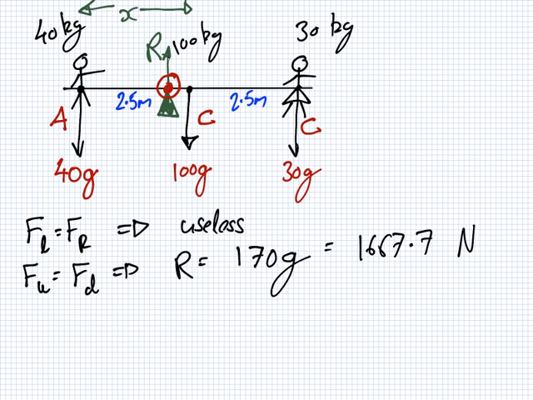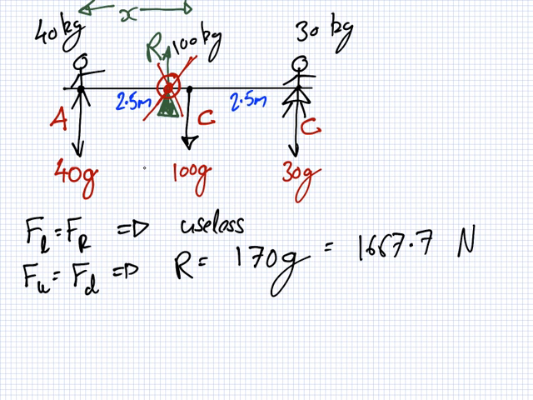Is it clockwise or anti-clockwise? No, tell me why you're confused. Maybe I'm trying to trick you. It's neither. Why not? Why is this nothing? It's on the turning point. So if the force moves through the turning point, it has no effect on turning.